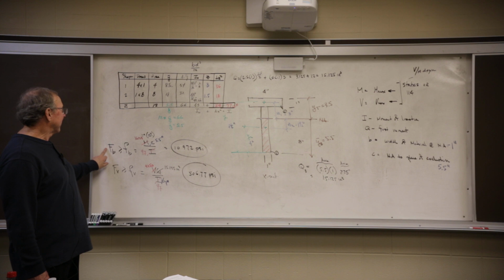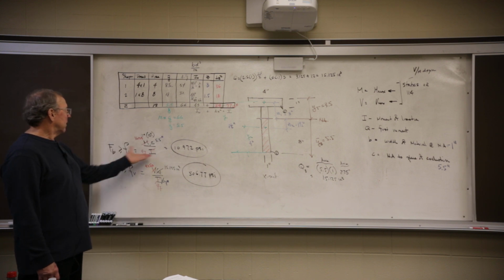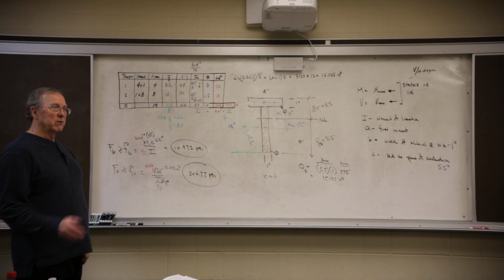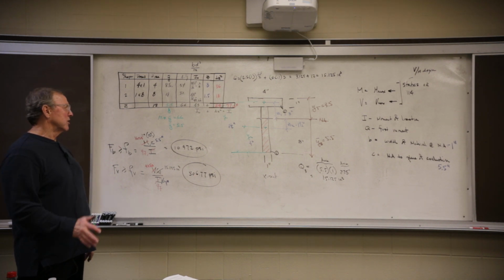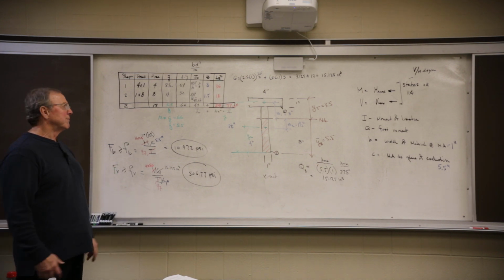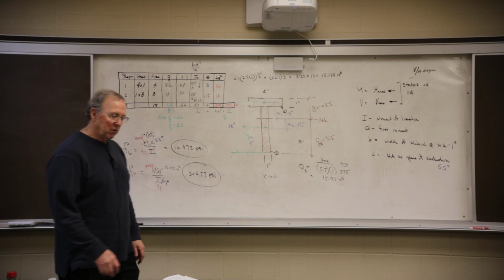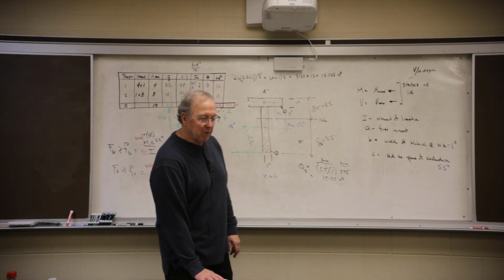If this is 50,000, I would back the size down. So the stresses tell us whether we've got an economical decision, and the size we picked does the job and cost-wise is economical.